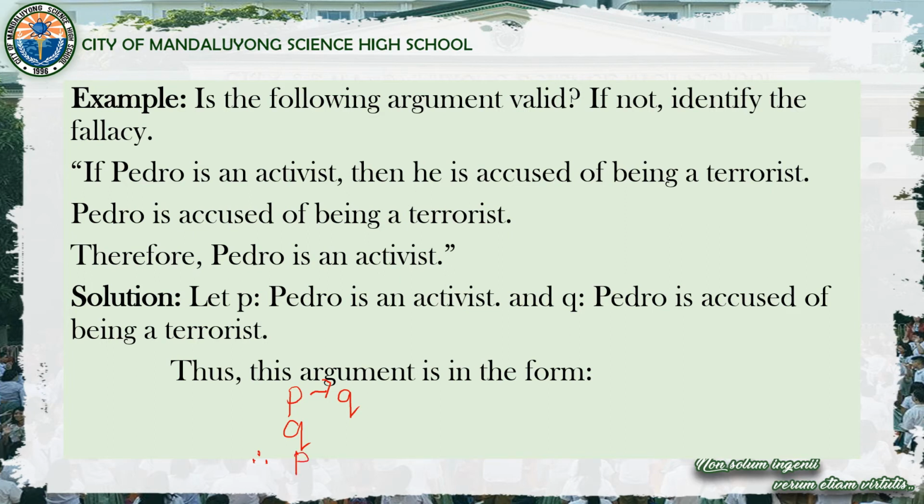You can use also the truth table, but if you still remember our discussion a while ago, yung sa fallacies natin, this is not considered as a valid statement because this is the fallacy of the converse.